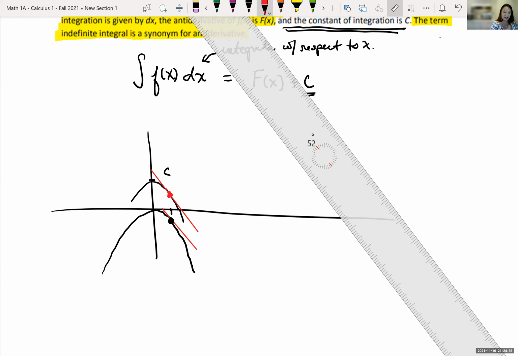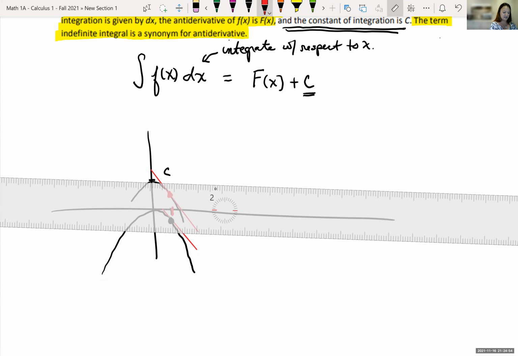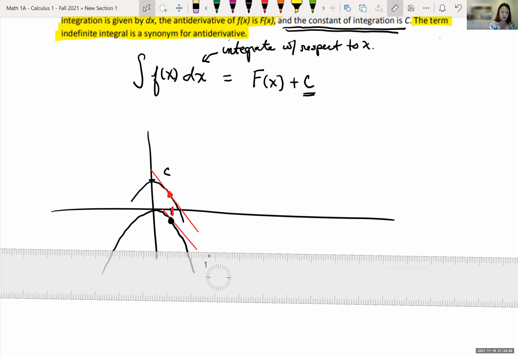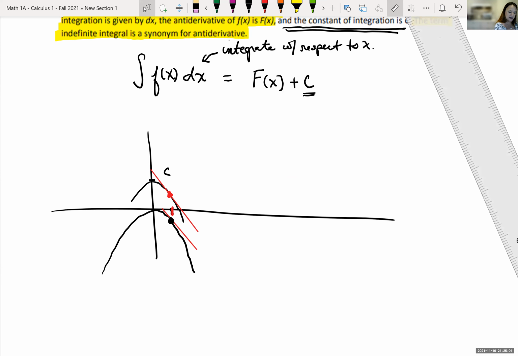And so adding any constant c, or subtracting some constant c, you're always going to have that same slope at that particular value of x anywhere on that graph, right? That vertex is always going to be at x equals 0 if I shift it up or down. So that's why we have that c value in there.